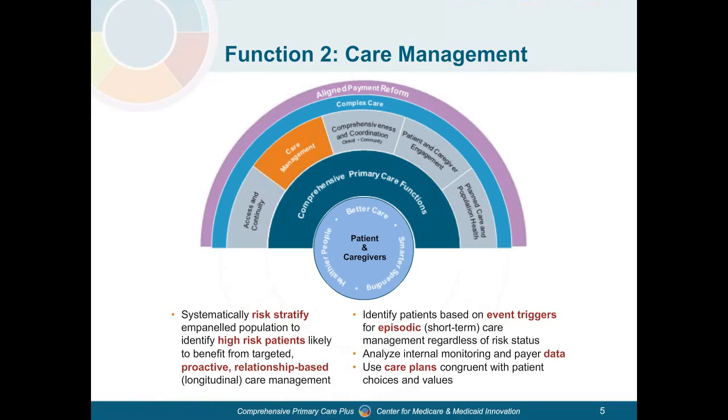Providing short-term care management, regardless of risk status, is really important for those patients. So we're asking practices to provide both longitudinal and episodic care management, targeting care management resources in both ways. That's one of the ways that they found during CPC Classic that really worked best to improve outcomes for the total population of patients.